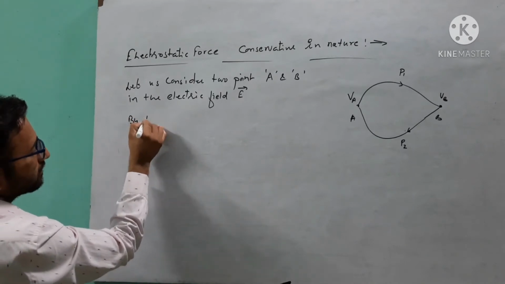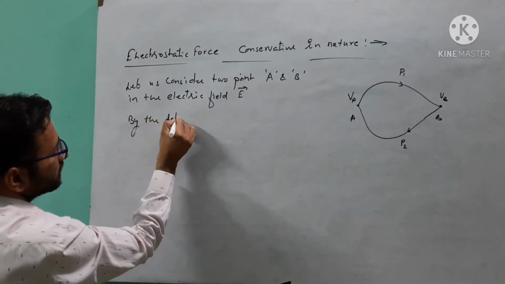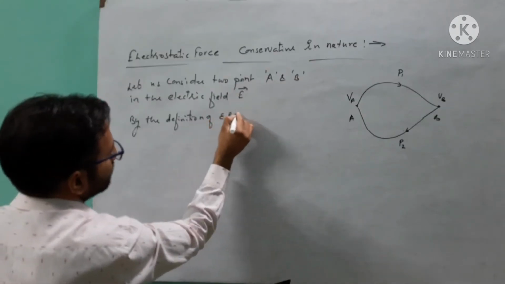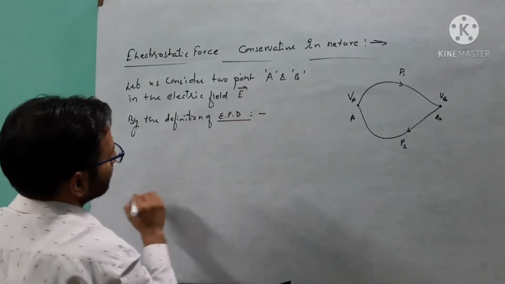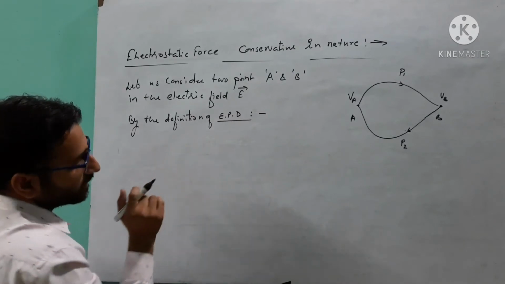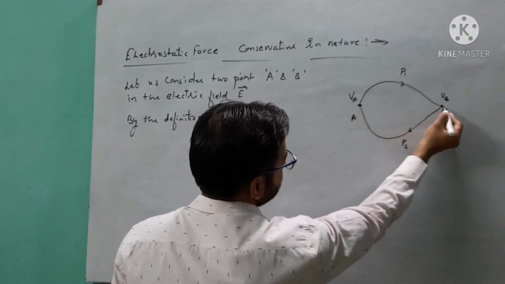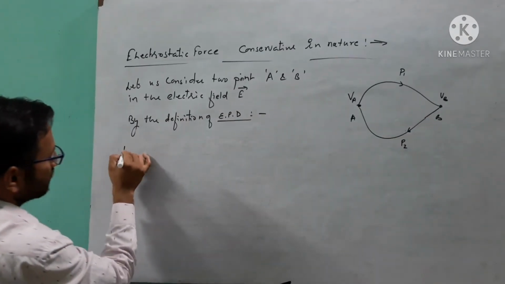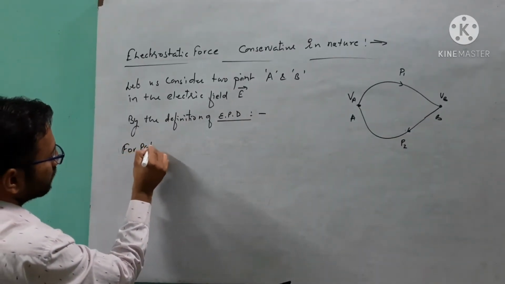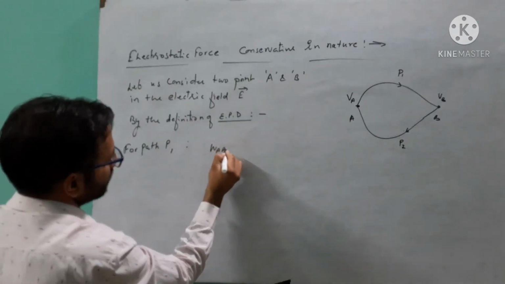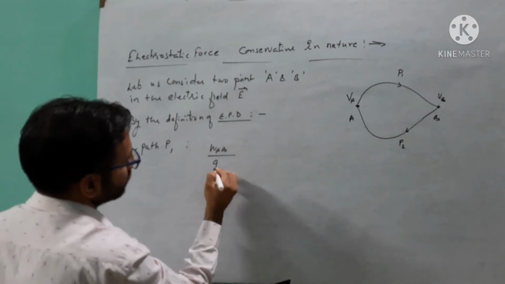By the definition of electric potential difference, for the first path, path P1, we can write WAB upon Q naught.